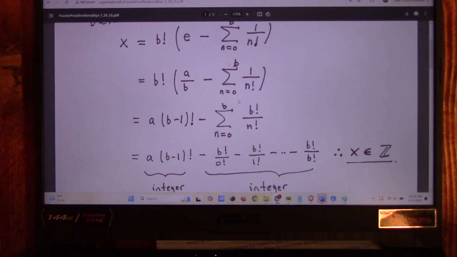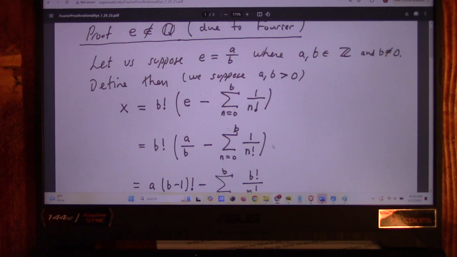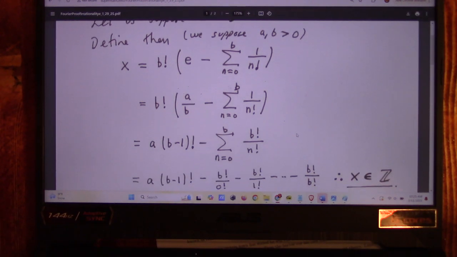And then over here, you've got these things added together. Every one of these, the smallest this could be is 1. Every one of these otherwise is an honest to goodness integer, supposing that b is greater than 1, which is the case here.